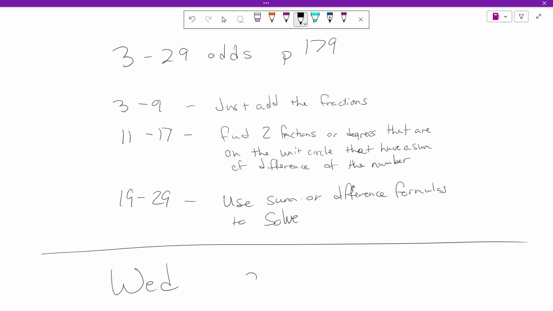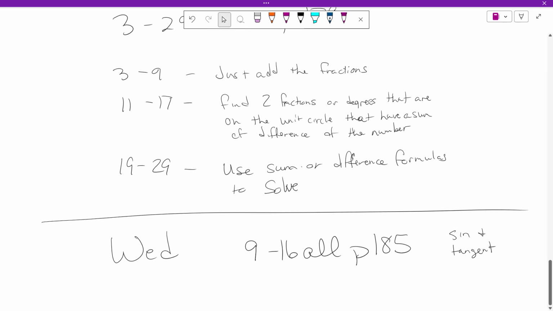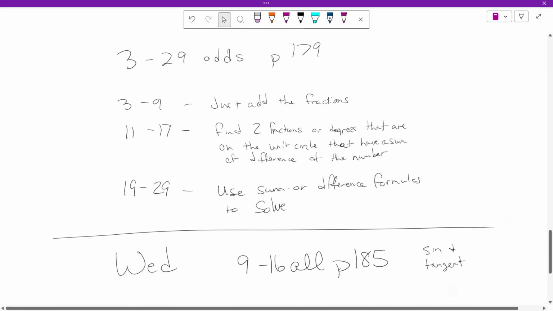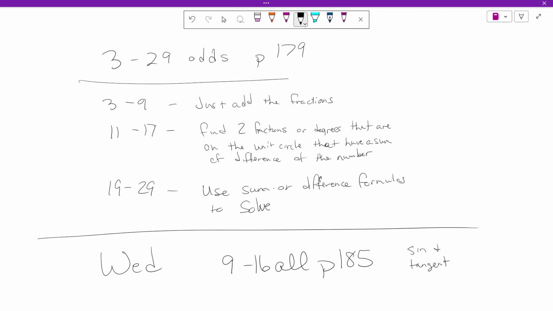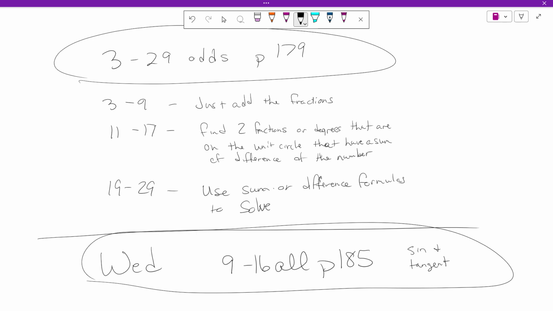And we're just going to do 9 through 16 all on page 185. And that's sine and tangent. And I'll make a video, okay? But that'll be next Wednesday's assignment for you band and choir people. Sine and tangent ones. So this is today, and this is next Wednesday.